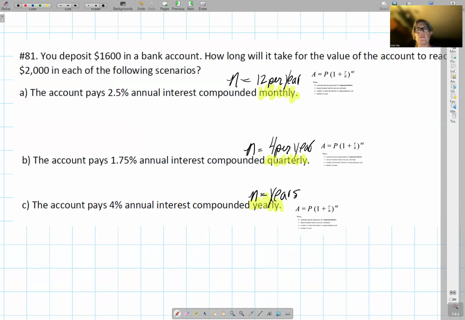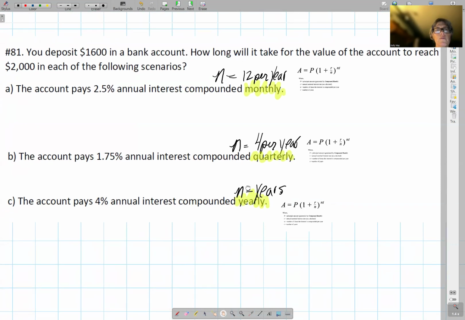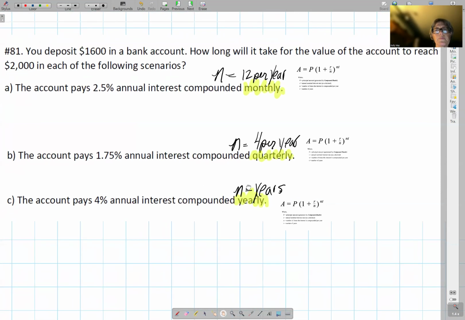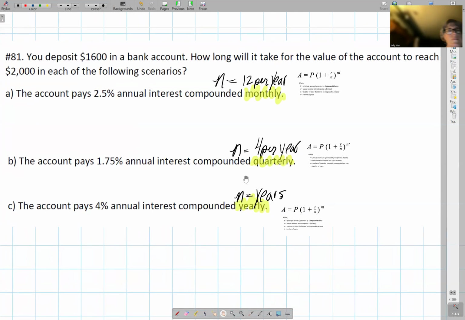Okay, so taking a look here, it says we deposit $1,600 in the bank account. So that's going to be your P for this first one.